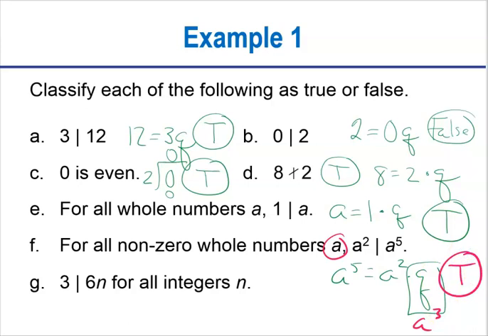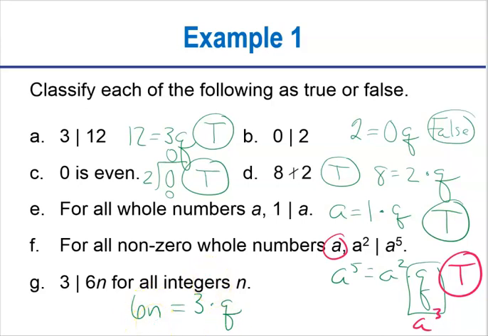And then the last one, 3 divides 6n for all integers n. All right, so what does that mean? That 6n is equal to 3 times some value q. They're saying an integer this time. Remember, integers could be positive or negative. Okay, so 6n is equal to 3q.